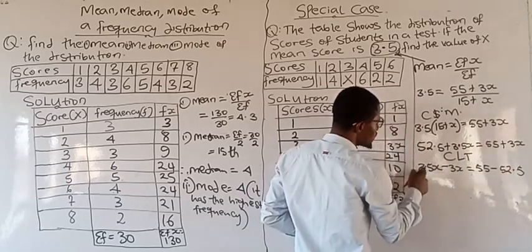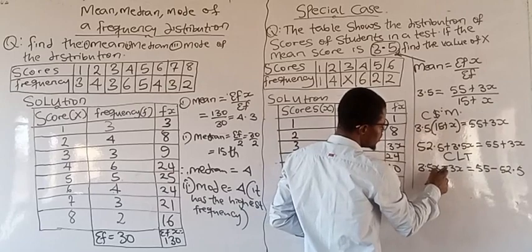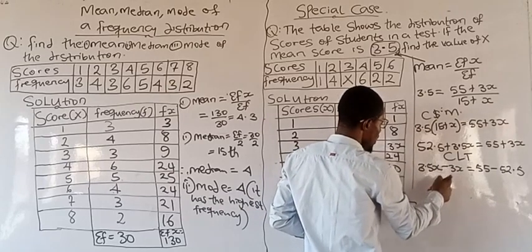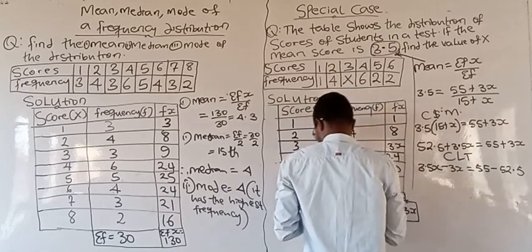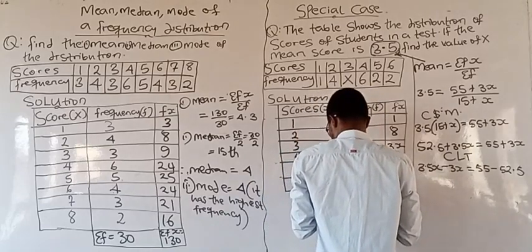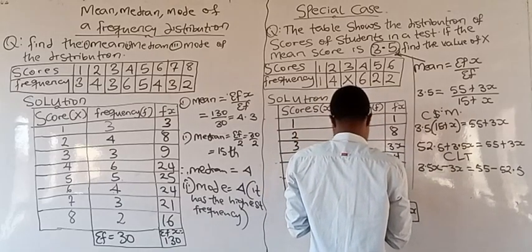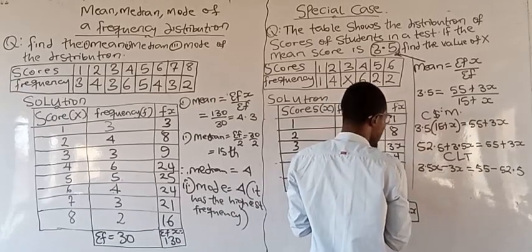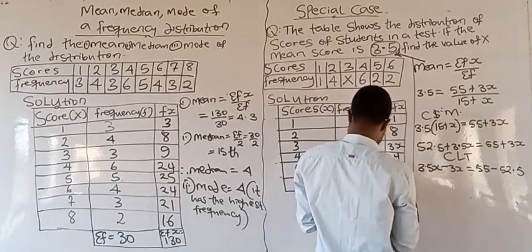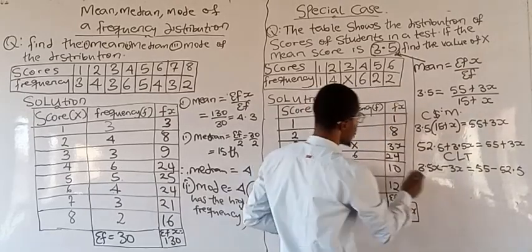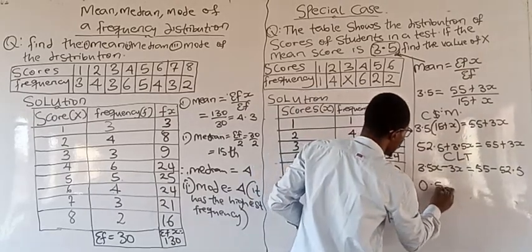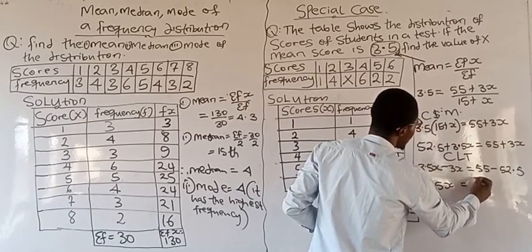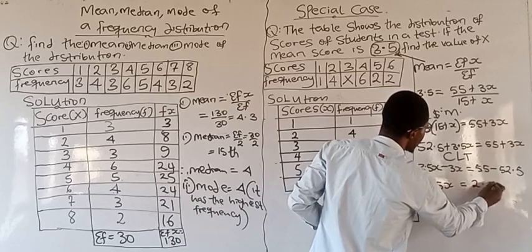So in this I have 3.5x minus 3x. That will give me 0.5x is equals to, so this will give me 2.5.